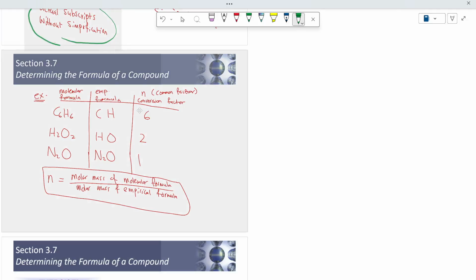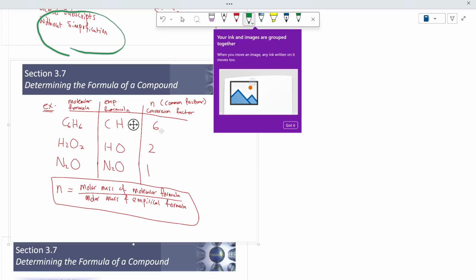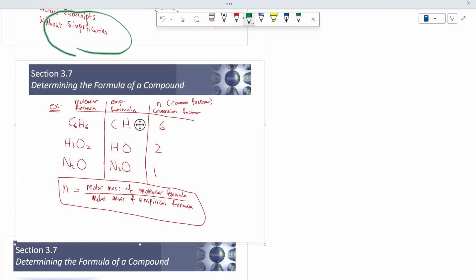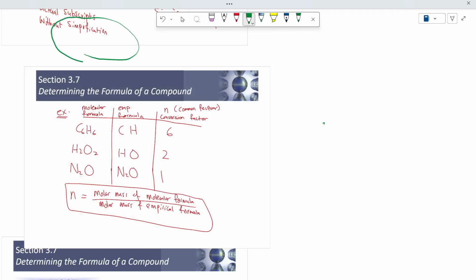So the common factor here is 6. This is the integer that is used to simplify C6H6 into CH. So this is the empirical formula CH, while C6H6 is the molecular formula.